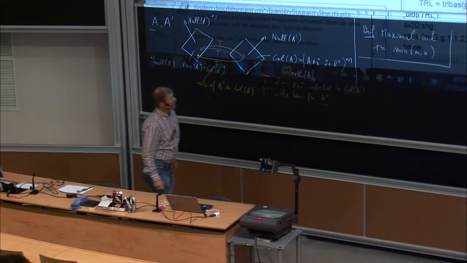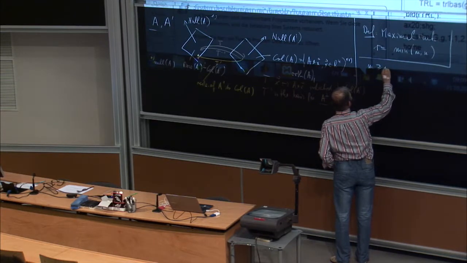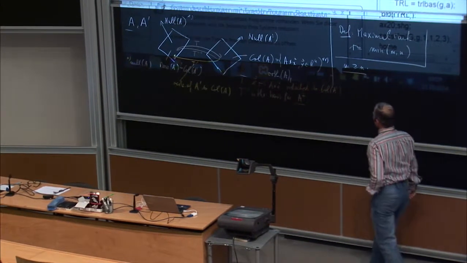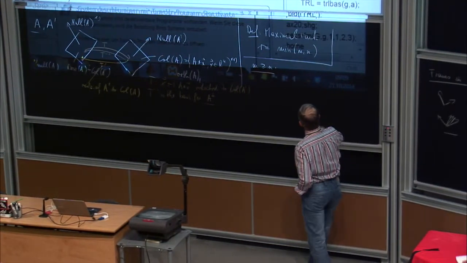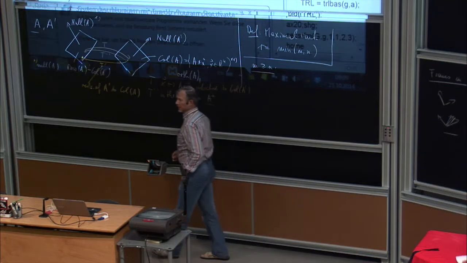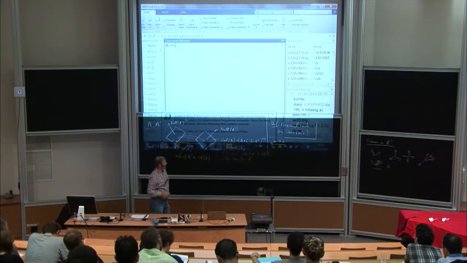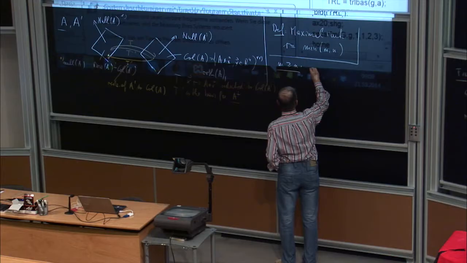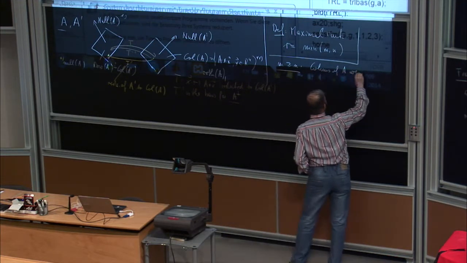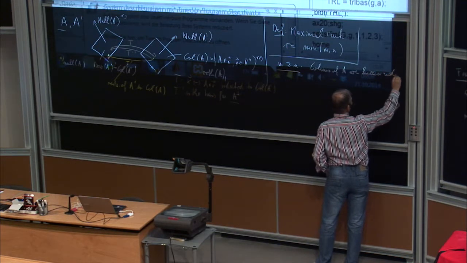Now, what are the interesting cases? Either M is bigger than N, so you're giving me few vectors, the situation where you have long column vectors. So you have a small number of column vectors. This means the columns of A are linearly independent.